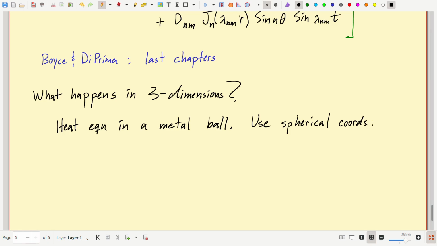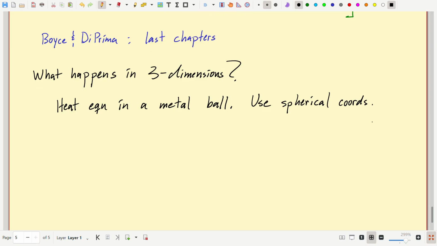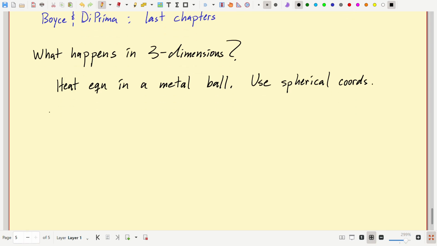And then you do separation of variables, and then the ODE in the R function, for the R of R function.